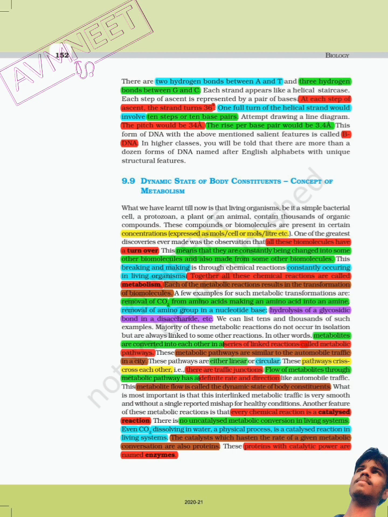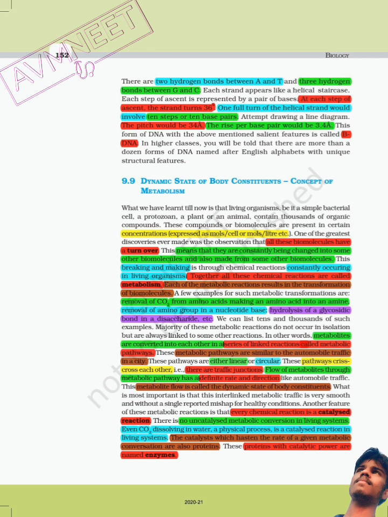Together, all these chemical reactions are called metabolism. Each of the metabolic reactions results in the transformation of biomolecules. A few examples of such metabolic transformations are removal of CO2 from amino acids, making an amino acid into an amine, removal of amino group in a nucleotide base, hydrolysis of a glycosidic bond in a disaccharide, etc. We can list tens and thousands of such examples.